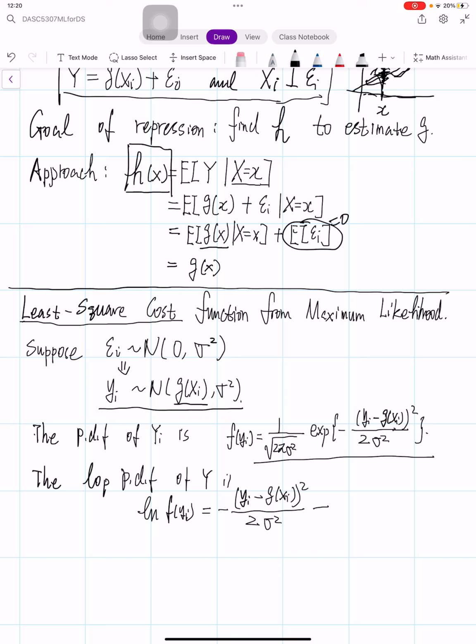You can think of the 2 pi sigma square to the negative half. You take a log, and this becomes negative half log 2 pi, minus half natural log sigma square. The constant we do not care about, because when we maximize likelihood, the constant does not matter.